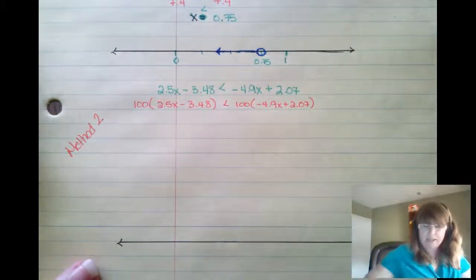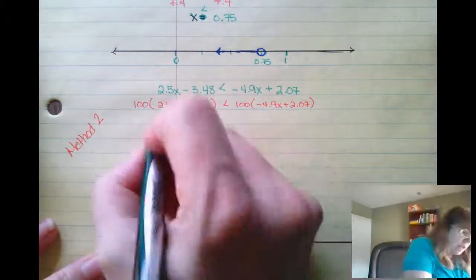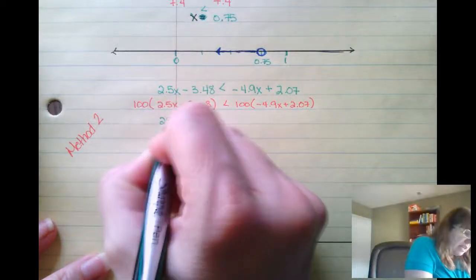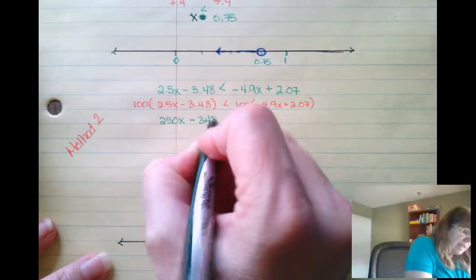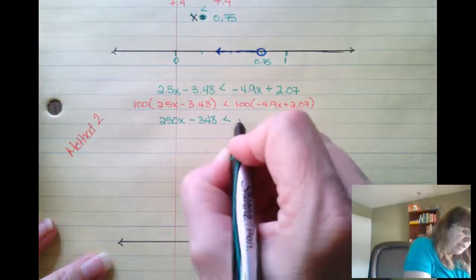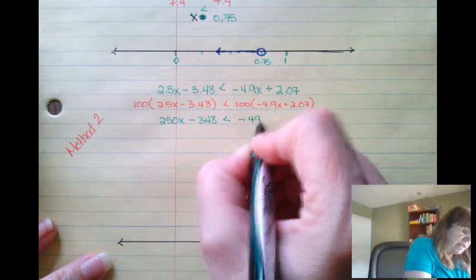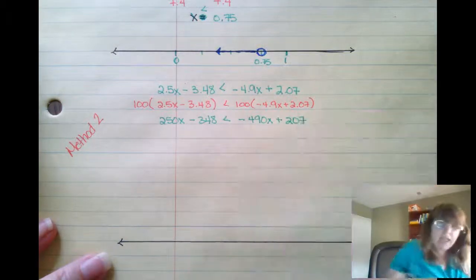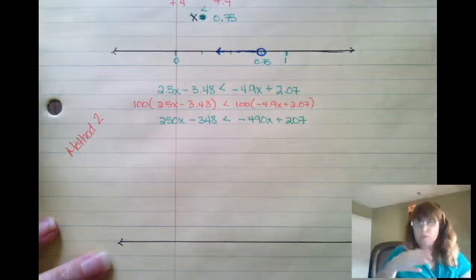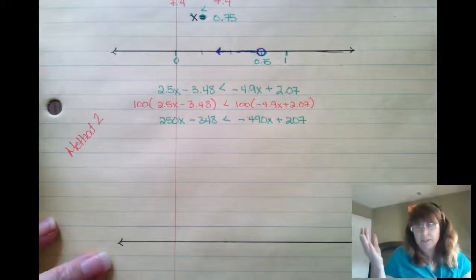Okay. Now I can rewrite my problem as 250x minus 348 is less than negative 490x plus 207.